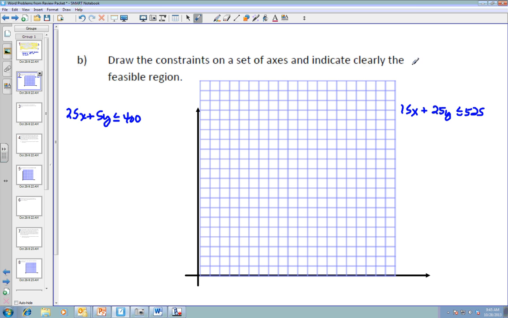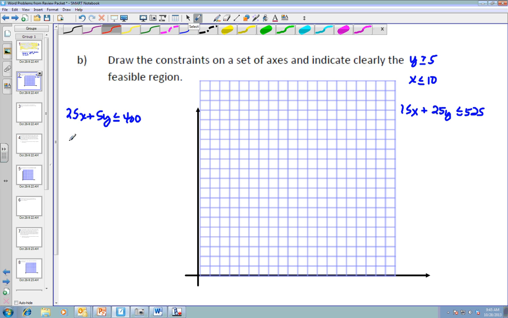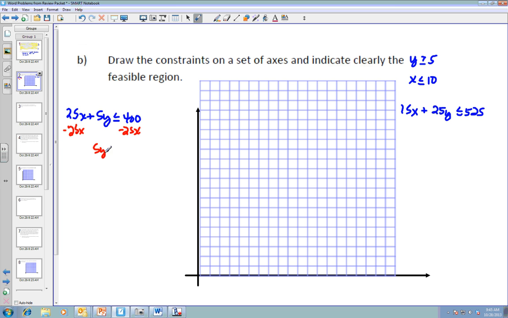And then my other two inequalities were y is greater than or equal to 5, x is less than or equal to 10. So before we can graph these and actually have four inequalities altogether, I need to solve for y. So I'm going to take this and solve for y. I'm going to subtract 25x, and I have 5y is less than or equal to negative 25x plus 400.